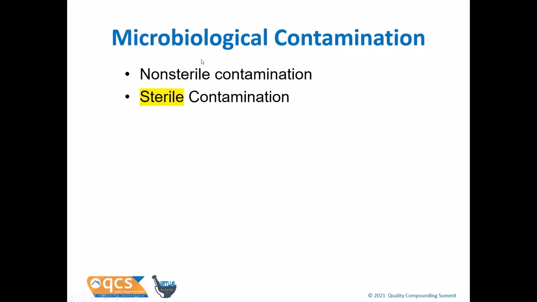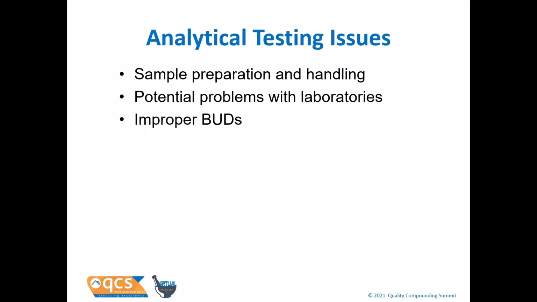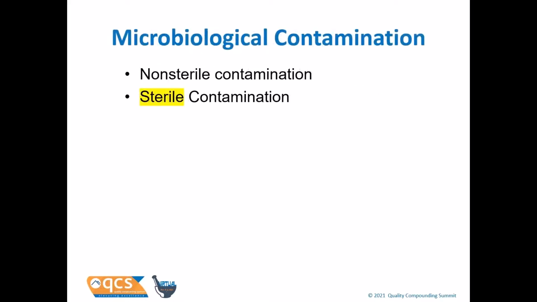And then we can move into microbiological contamination of non-sterile and sterile preparations. We think of microbiological contamination mostly in working with sterile compounding, but microbiological contamination is also a big issue in non-sterile preparation, especially when water is present.